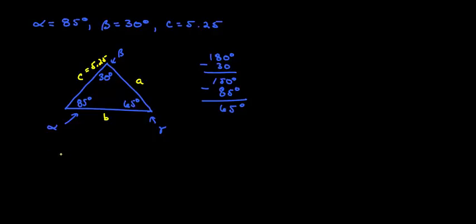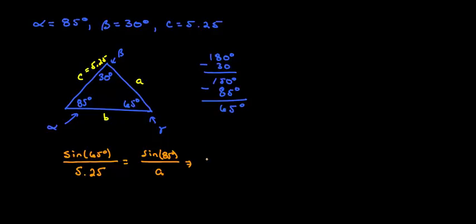So what we have is that the sine of gamma, which is 65, divided by the length of gamma's opposite side, which is side C at 5.25, is going to be equal to, now let's go ahead and grab A first, the sine of alpha over A, and we know that alpha is equal to 85 degrees.